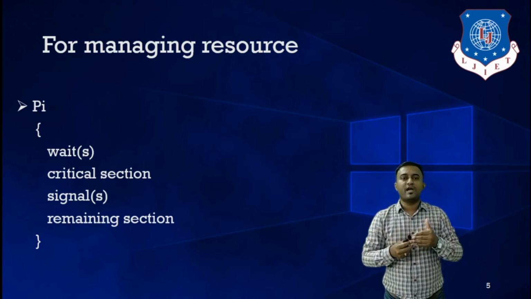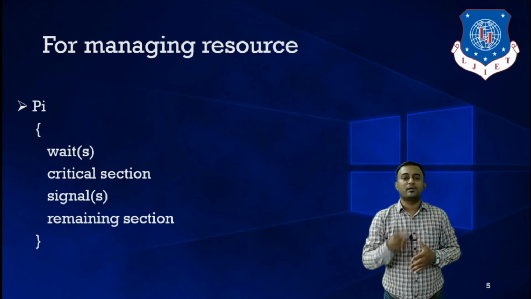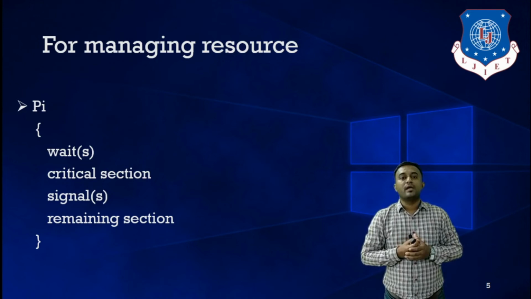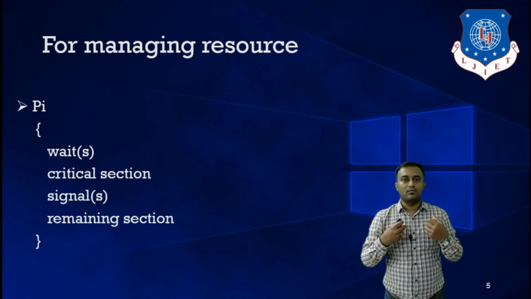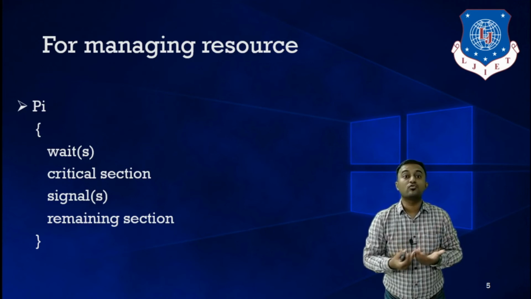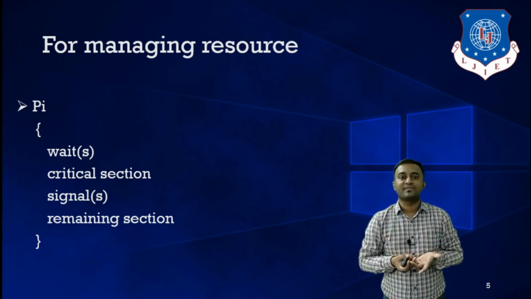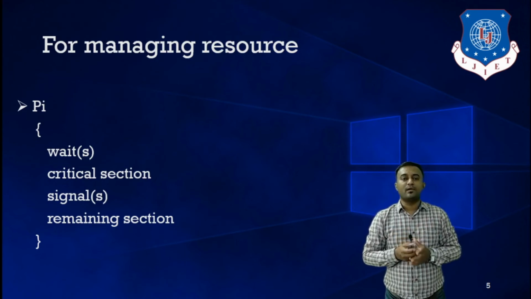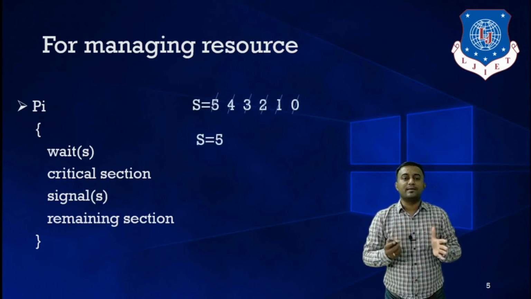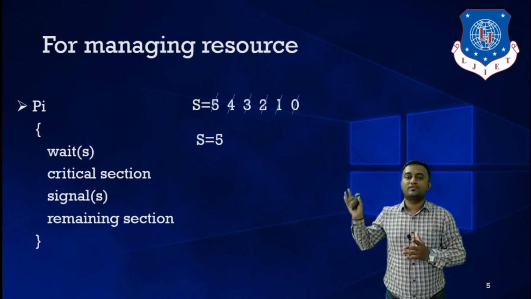If we have more than one replica of a particular resource, and we want to execute more processes concurrently, to achieve real parallelism, how can semaphore be used for resource management? We are going to discuss that with the help of this example.